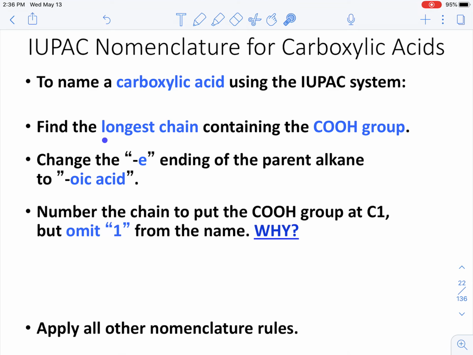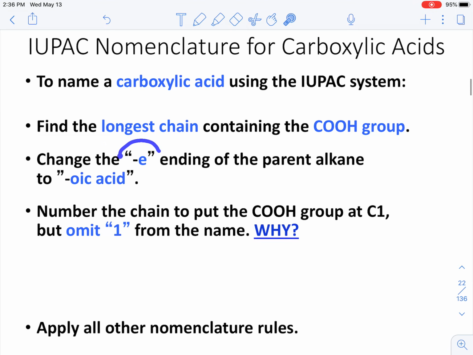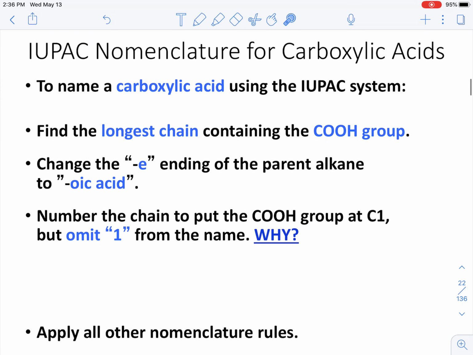Once you've determined the longest chain in your organic compound, you're going to change the E ending of the parent alkane or alkyne to oic acid. Since carboxylic acids are terminal functional groups, like aldehydes, which occur on the ends of a carbon chain, so does a carboxylic acid.